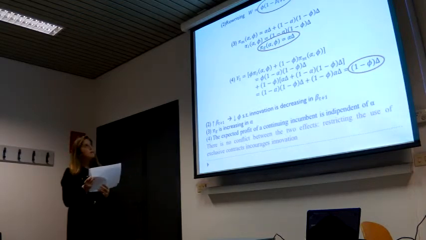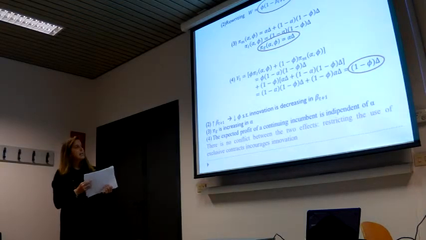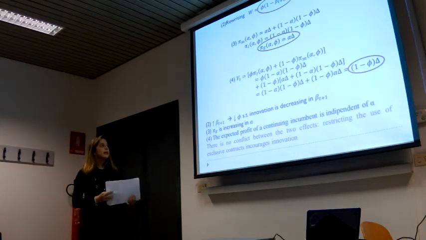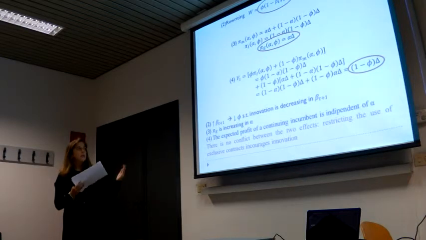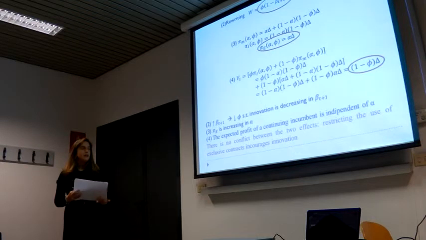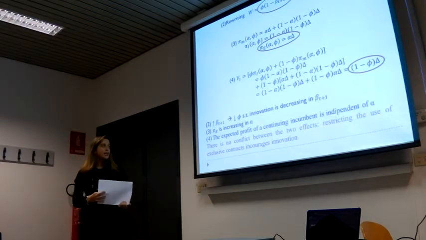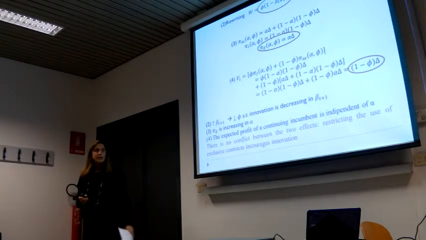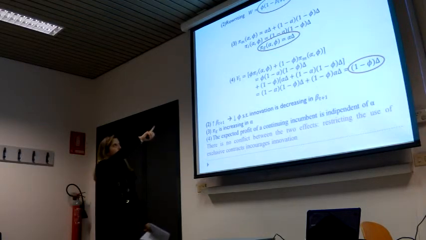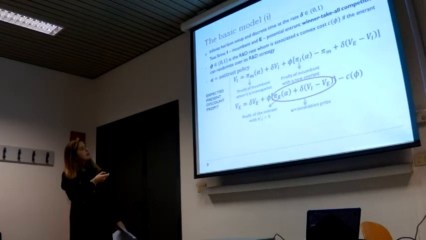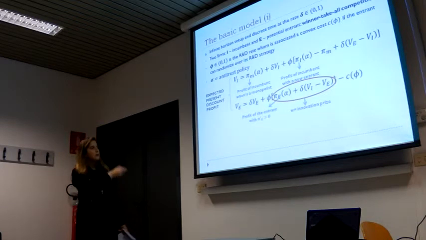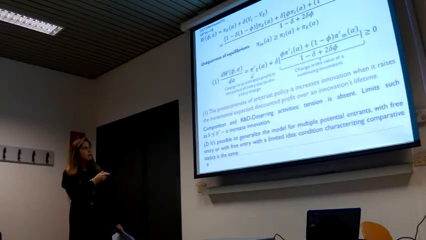Rewriting the first part, we can see that increasing beta will decrease the innovation, as I said before. And rewriting the profit for the free situation, we can see that the profit of the entrant is increasing, while the profit of the continuing incumbent is independent of alpha. The formula 4 is the rewrite of this formula, changing the value that we found.